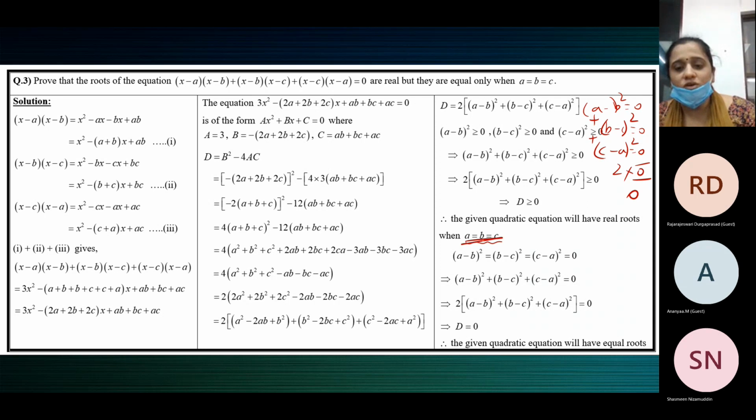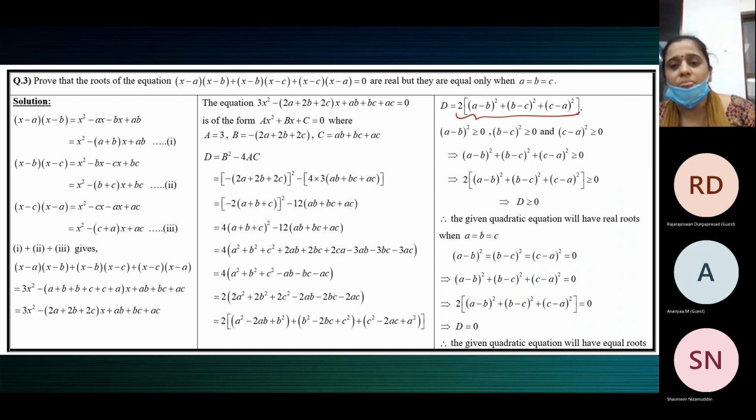So when A is equal to B is equal to C, this one is 0, this one is 0, this one is 0. So when you add, that is also 0. And that one, when you multiply by 2, that is also 0. That means the discriminant is 0. See, we are understanding the discriminant here.